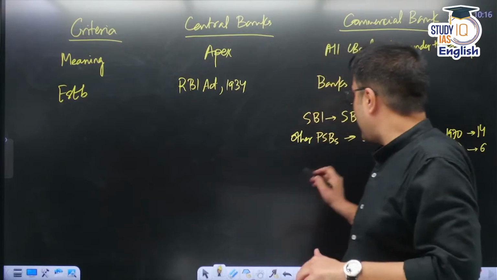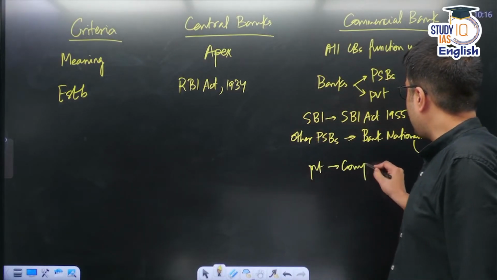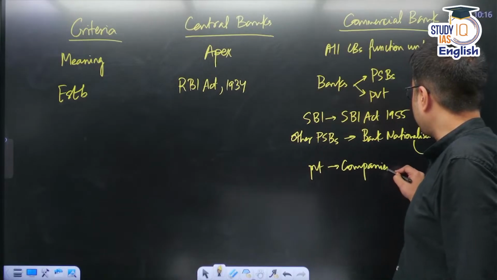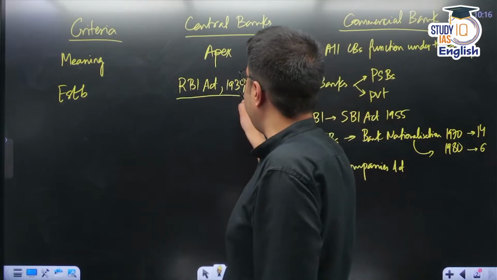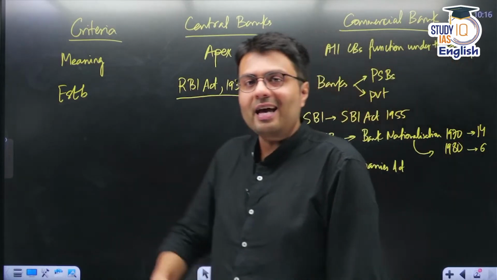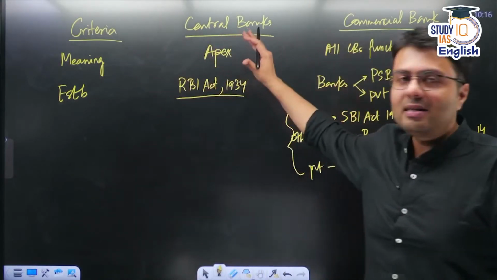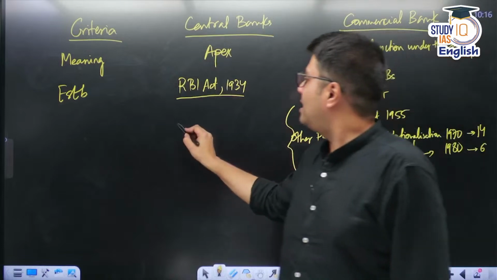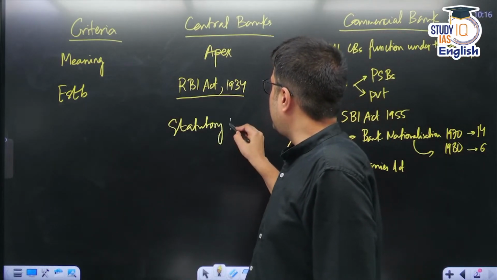Now, private sector banks in India are set up under the Companies Act, right? So this is the fundamental difference between the apex bank and the commercial banks. Commercial banks can be set up by different laws of the parliament, whereas RBI has a separate act which makes it a statutory body.